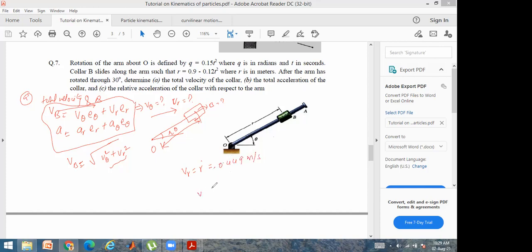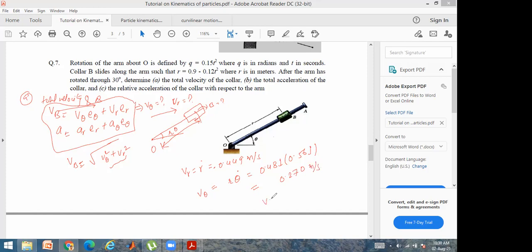And vθ को फर्मुला r times θ dot, r हामीले 0.481 निकालेको छौं, 0.481 times θ dot, नोटबुकमा हेर 0.561 निकालेको छ. 0.481 times 0.561 equals to 0.270 meter per second.